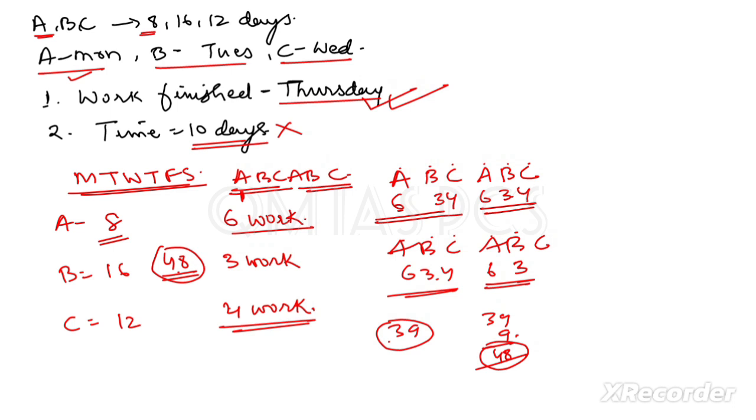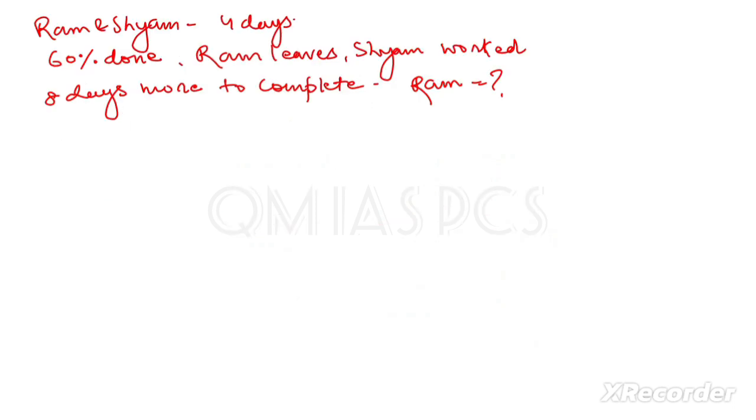I'm just leaving it to you. So this question is from UPSC 2016. A little older question is this one. The question was given like this: Ram and Shyam together can do a work in 4 days. When 60% of the work is done, Ram leaves the work.